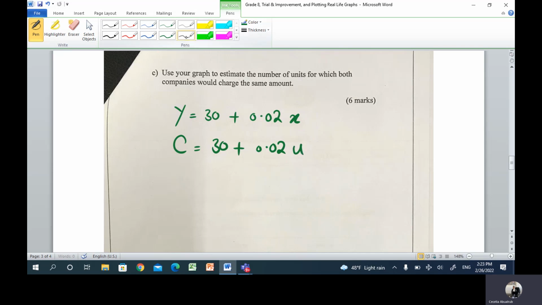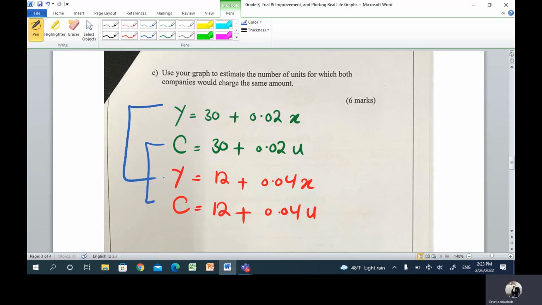I'm going to use another color for the second company, which is y equals 12 plus 0.04x, which is the same as c instead of y, equals 12 plus 0.04u.